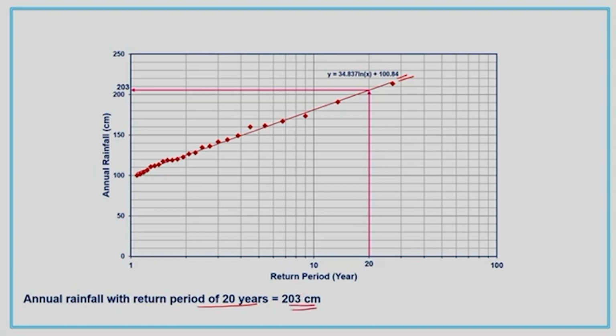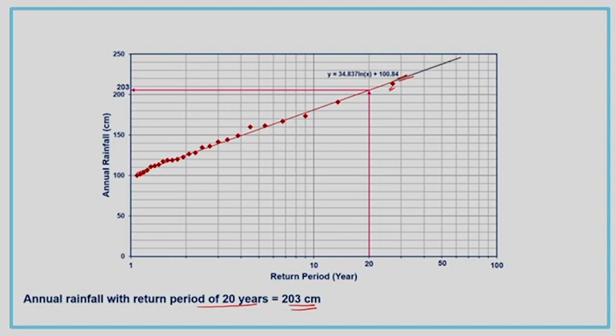Second part is to find out the value of annual rainfall corresponding to a return period of 50 years. You look at the graph, the straight line data is only up to this, that is less than 30 years. So, corresponding to 50 years, for getting the value you need to extrapolate the graph.